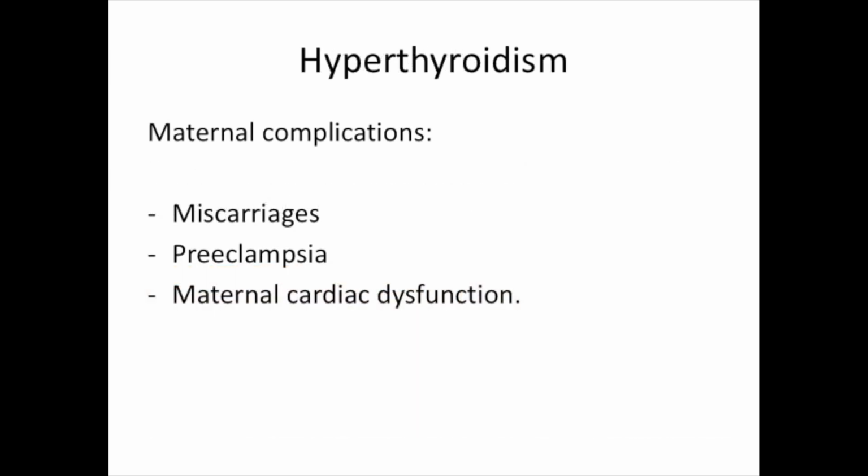Hyperthyroidism in pregnancy can cause maternal complications. It can cause miscarriages, or the patient will be prone to develop preeclampsia. Or if the thyroid hormone is high with sympathetic overstimulation, it might end up with maternal cardiac dysfunction or even heart failure.